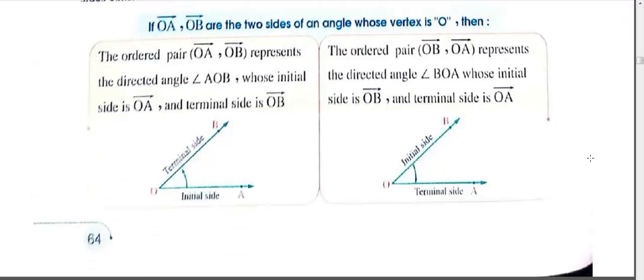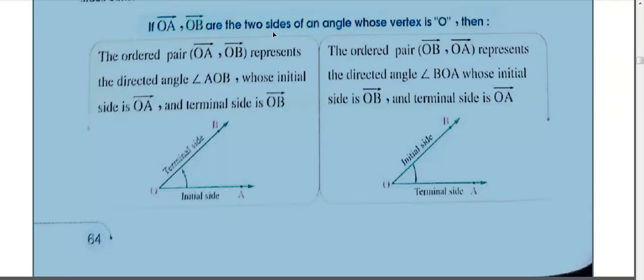If rays OA and OB are two sides of the angle whose vertex is O, then the ordered pair OA and OB represents the directed angle AOB, whose initial side is OA and terminal side is OB.